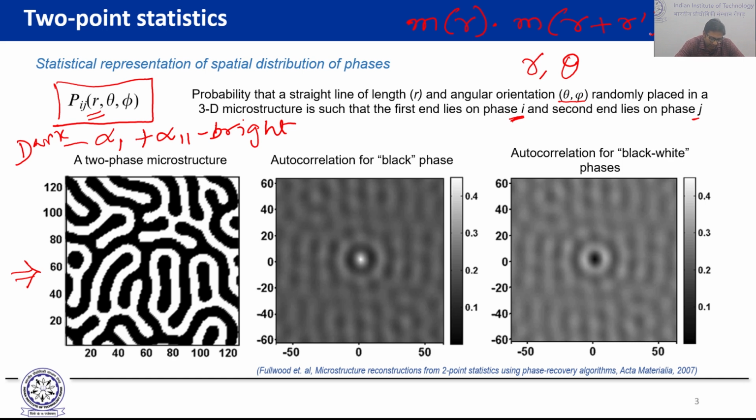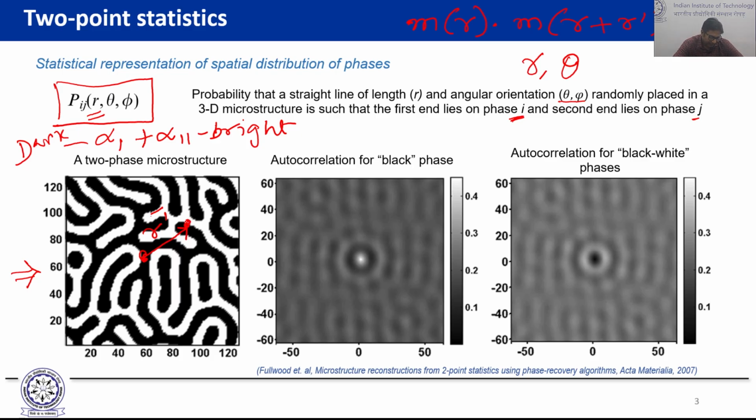So I'm talking about a point lying at a location r, and then I am looking at a line which is described by r prime, and then I am looking at the correlation between the point over here and the point over there.